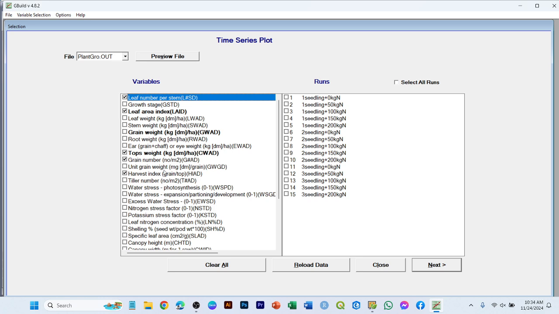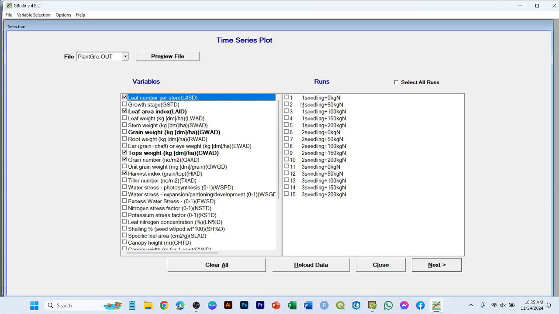Do you know harvest index? Good. So normally we take these parameters with full consideration, because by selecting them you can see the difference between your yield, crops, and also your leaf area index time scale parameters with different treatments.